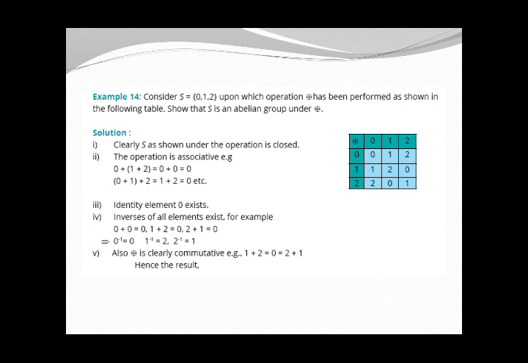It shows the inverse of 0 is 0, the inverse of 1 is 2, the inverse of 2 is 1. And next, the commutative property. 1 plus 2 and 2 plus 1 give the same answer. Therefore, this set is an abelian group with respect to addition.